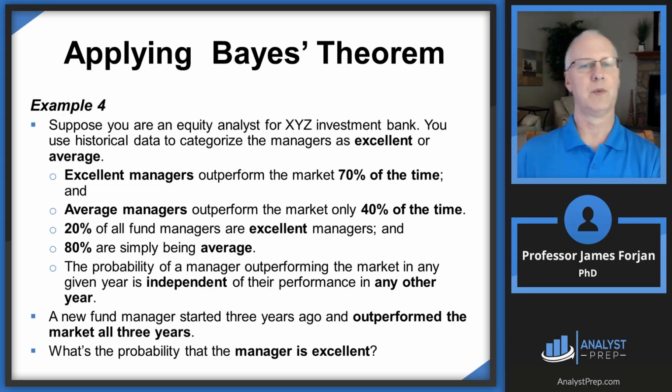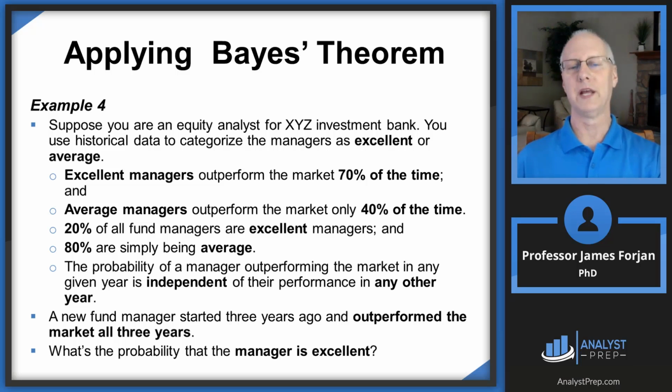How about another example? Suppose you are an equity analyst and you use historical data to categorize portfolio managers as being either excellent or average. And so you have some rubric where you put them into one of those two categories. All right, now let's add some more information. 20% of fund managers are excellent and 80% are average.